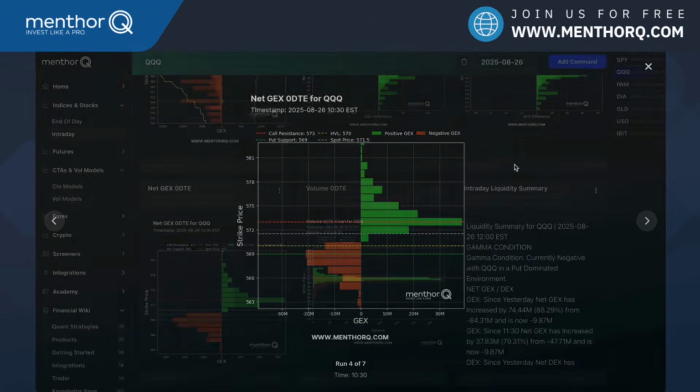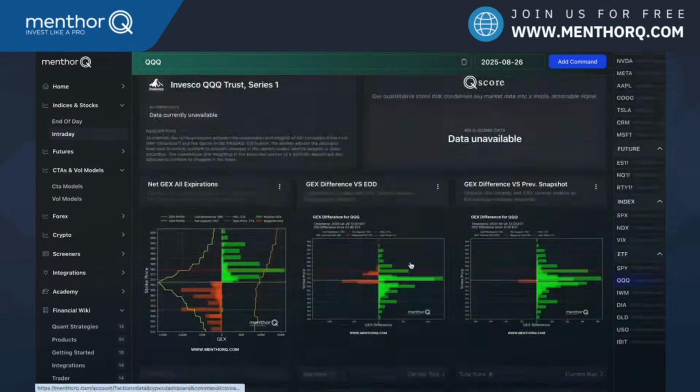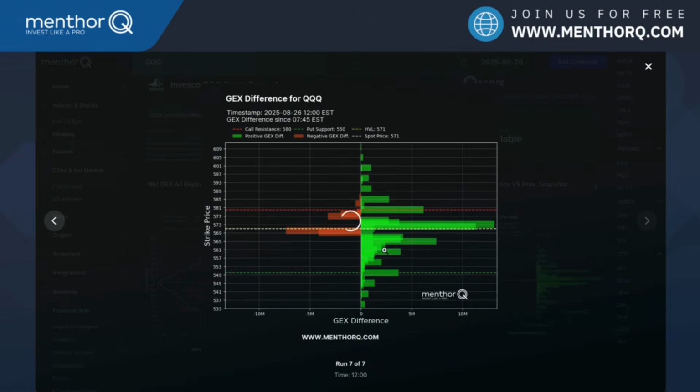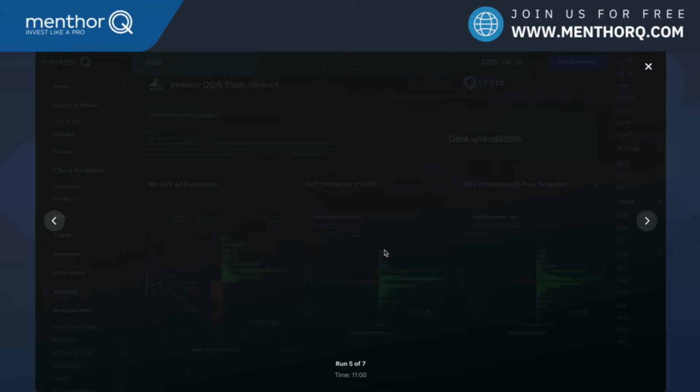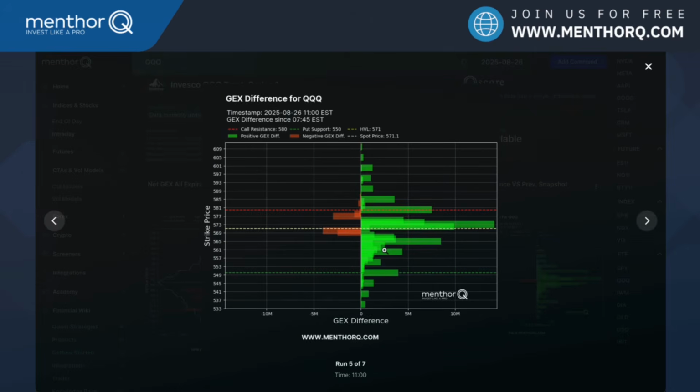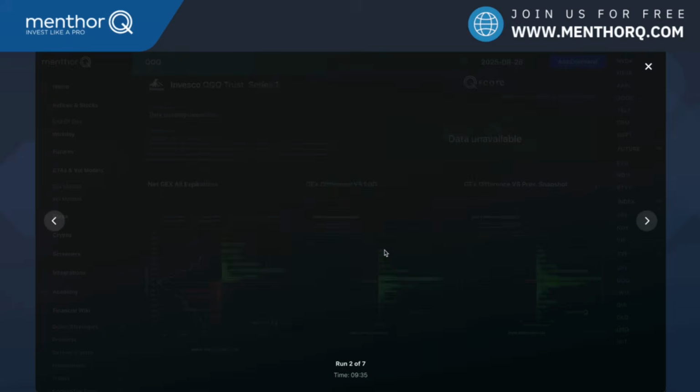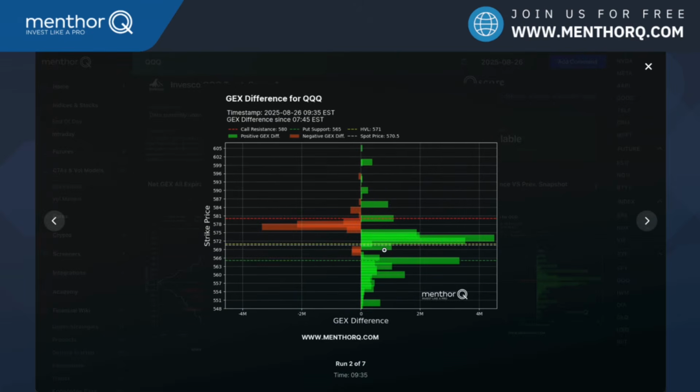But what's actually going to be more important is looking at the difference between the current snapshot and the previous one. We take the data every 30 minutes, and then we calculate the difference versus the previous day. So when you look at 9:35, you are looking at the net gamma exposure at the open versus the previous day.